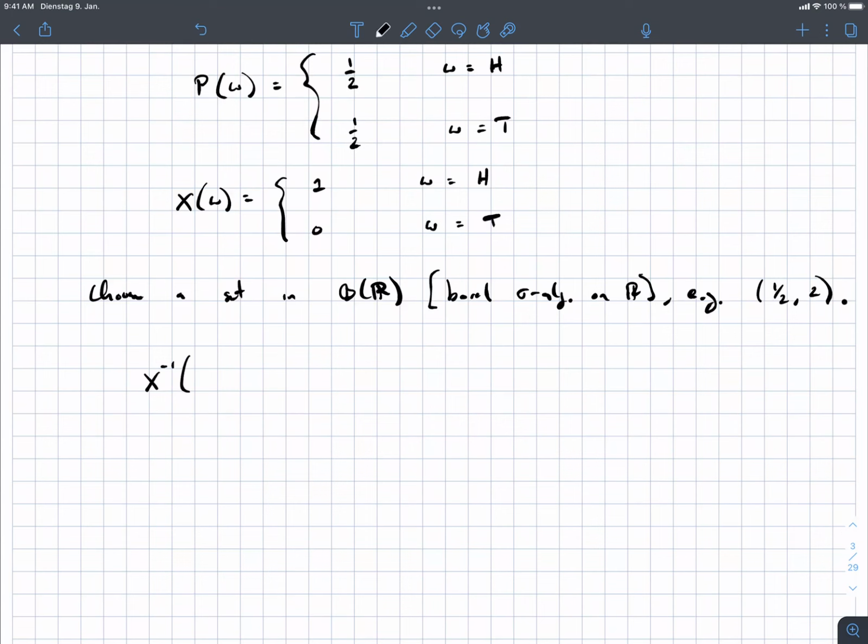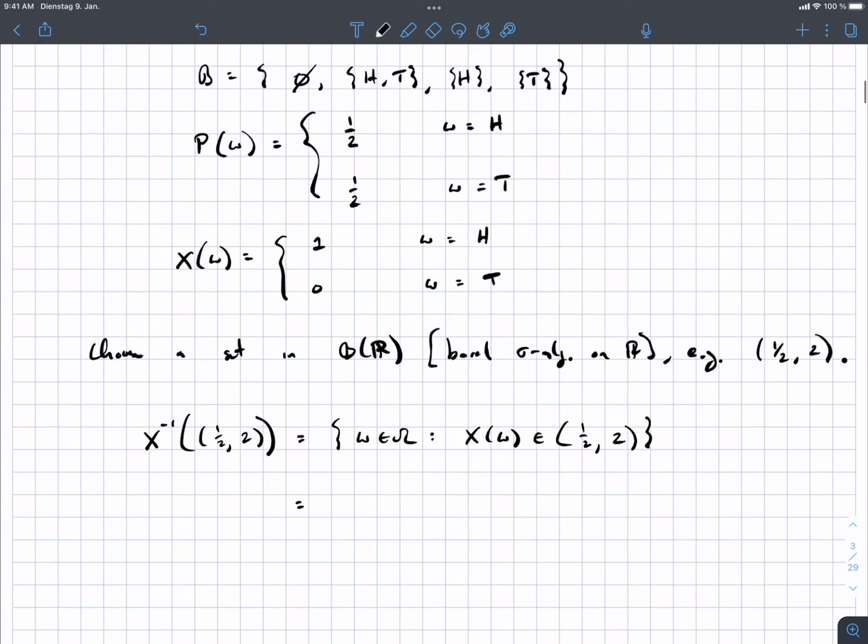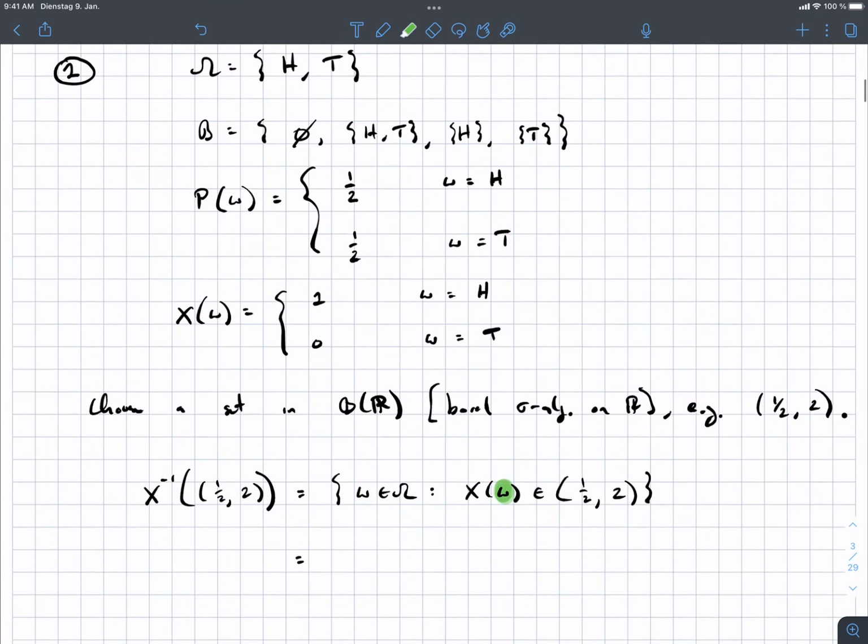Then let me figure out what is the inverse image of the interval 1/2 up to 2 according to this random variable x. So this is going to be all the outcomes in the sample space such that x computed on that outcome is in the interval 1/2 up to 2. And now I'm going to ask myself, for what values of omega in the sample space do I get a value of x between 1/2 and 2?